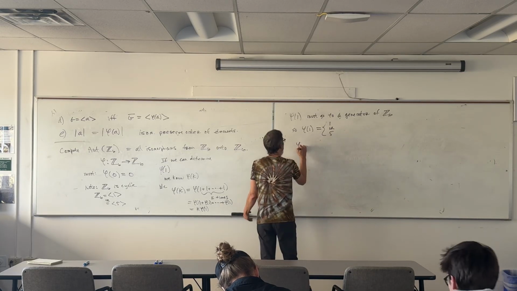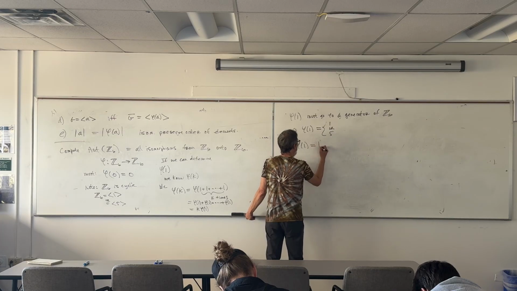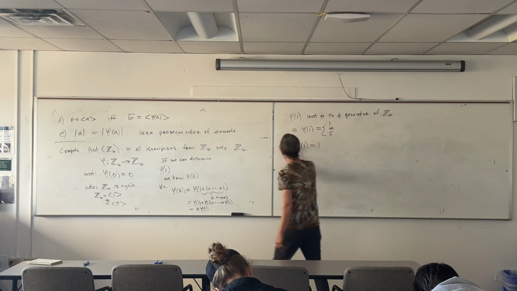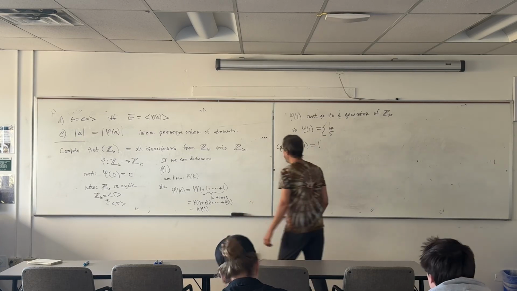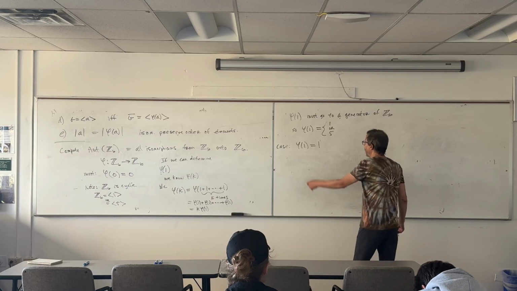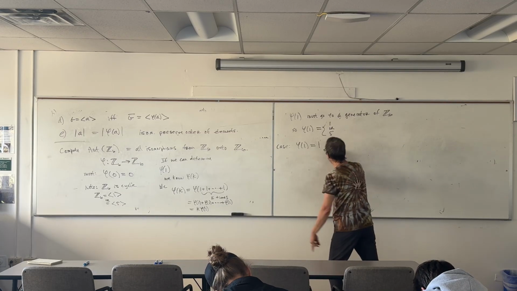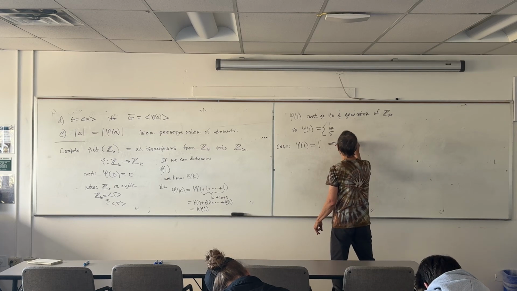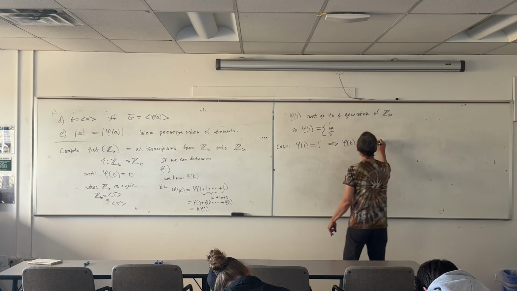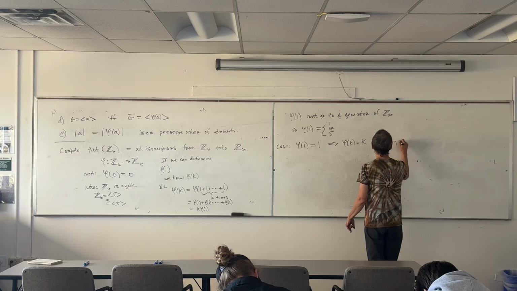So phi of 1 goes to 1. Let's assume that. So case 1, phi of 1 goes to 1. This is the identity map then. Because now, by that observation, phi of k just goes to k. So that's the identity map.